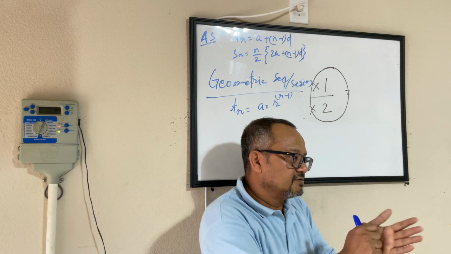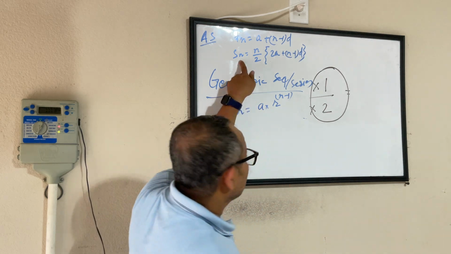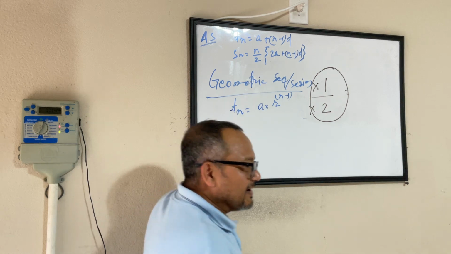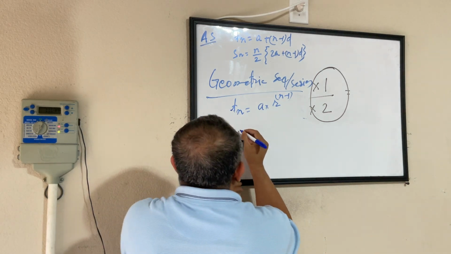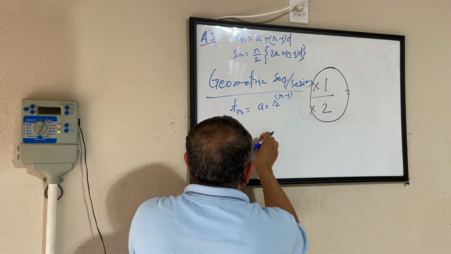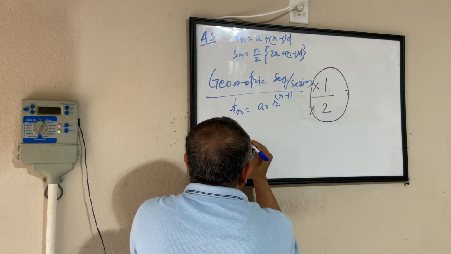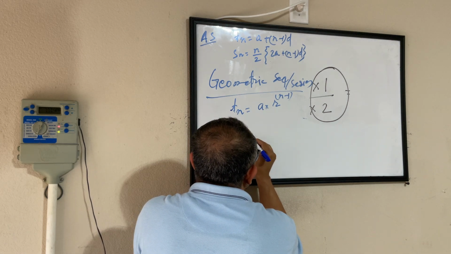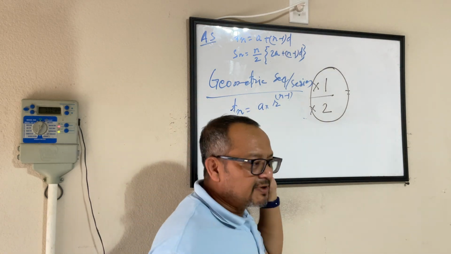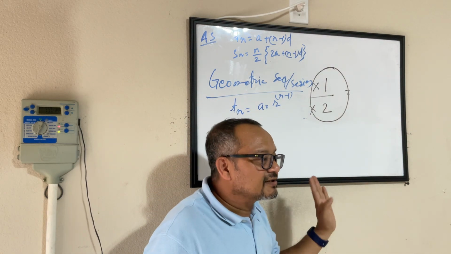Now, what is the equivalent of this? If I say sum of n terms, let me give it a different name: sum of geometric sequence. I'm just making it up, there's no standard convention for this one.